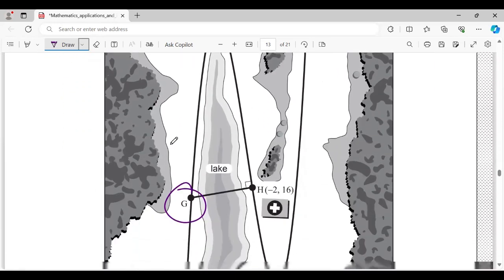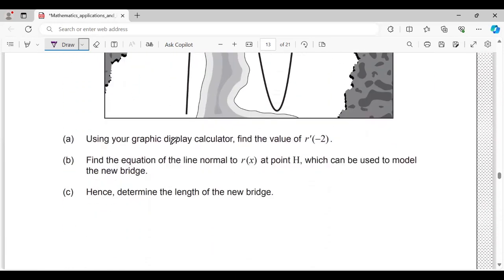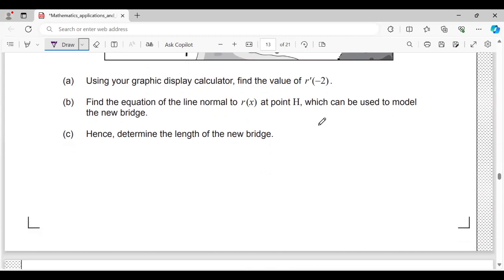And another question. Using your graphic display calculator, find the value of the derivative. You have to find the derivative first and then substitute -2.